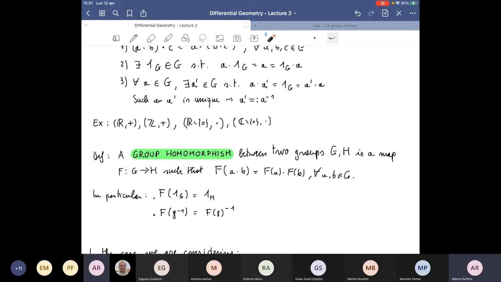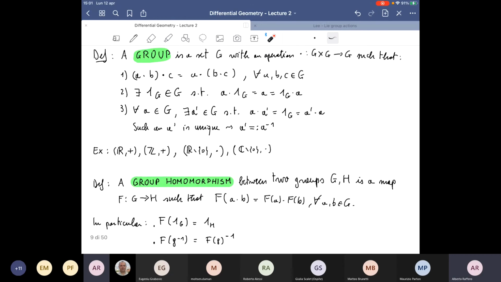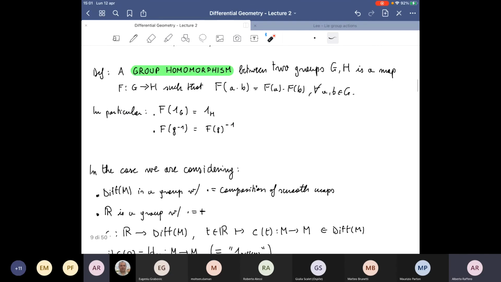So we shall use this definition also later when we will meet the Lie groups, but let's recall it starting from here. So what does this algebraic, this abstract structure, have to do with what we saw just a while ago?